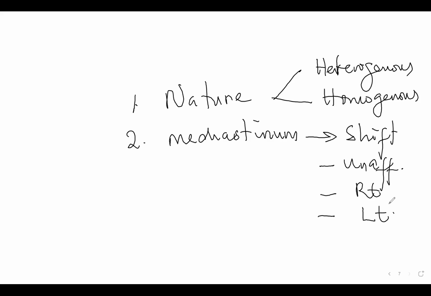So anytime you see opacity on the chest X-ray, you should look at the nature of the opacity. If it is heterogeneous, it's more likely an infectious process affecting the lung parenchyma. Commonly in our environment it is tuberculosis. If it is homogeneous, it's more likely to be fluid accumulation in the pleural space. In some conditions, you have a combination of both heterogeneous opacities in some part of the lungs and homogeneous opacity.